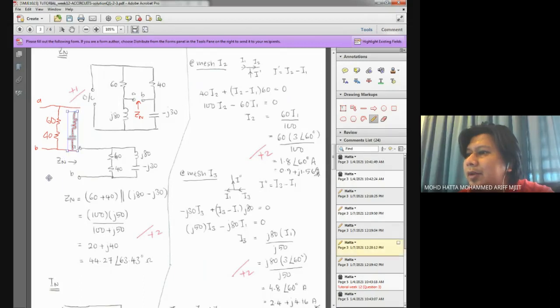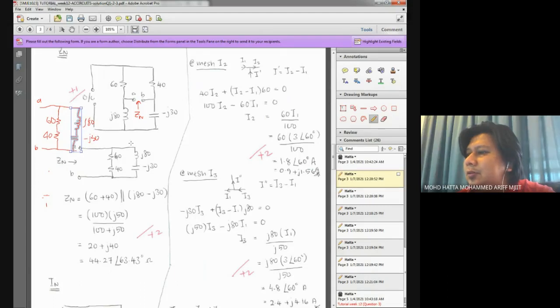Ooh, it's very difficult here. Anyway, try to redraw it. Here, this is J80. This is negative J30.